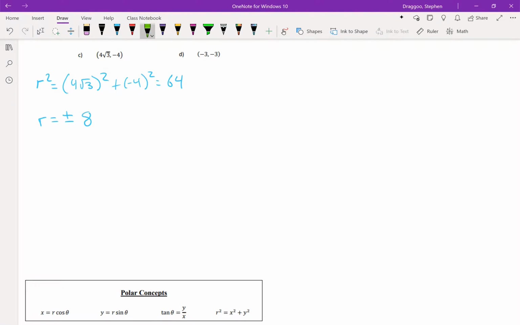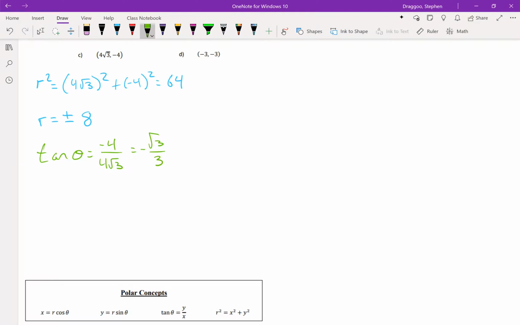Then we'll look at theta. We start by only really having that tangent of theta is equal to negative 4 over 4 root 3, since it's equal to y over x. And that simplifies to negative root 3 over 3. So a few options for theta.